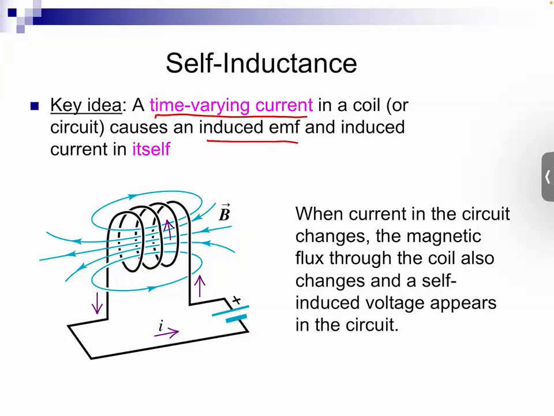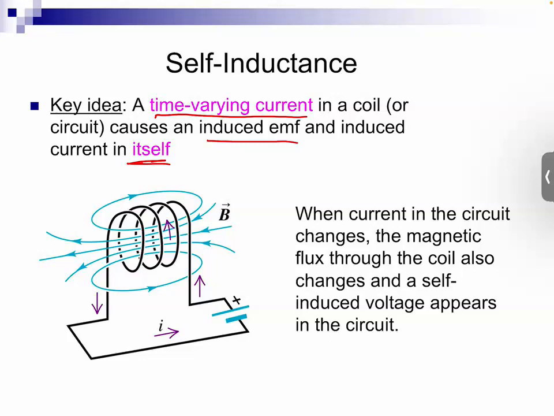And since you only have one coil here, the current that is induced and the voltage that's induced will be induced in the coil itself. Okay? And that's why it's called self-inductance. So you have sort of like this opposing current to the already existing current.